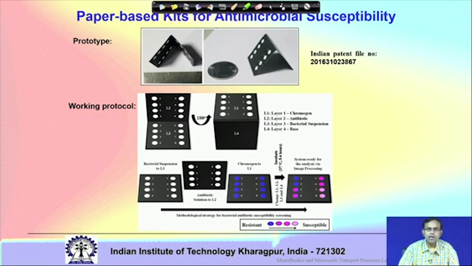As many of you have heard, antibiotic resistance is a very serious problem, and it comes from several factors. One is the overuse of antibiotics, that is, whenever antibiotic is not needed, antibiotics are given and then the patient gets immune to such antibiotics.